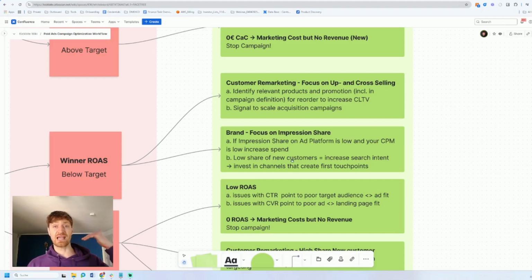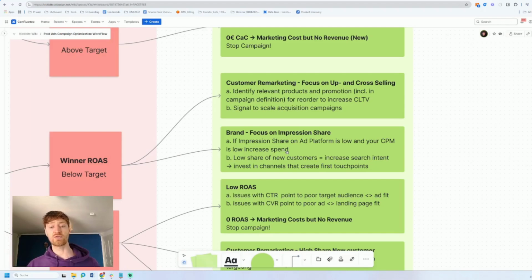So for those ads that have a ROAS above 6, the campaign, and the impression share on the ad platforms is low, while the CPM that you just saw is also low, you should increase the spend because there's more opportunities that don't cost you a lot.